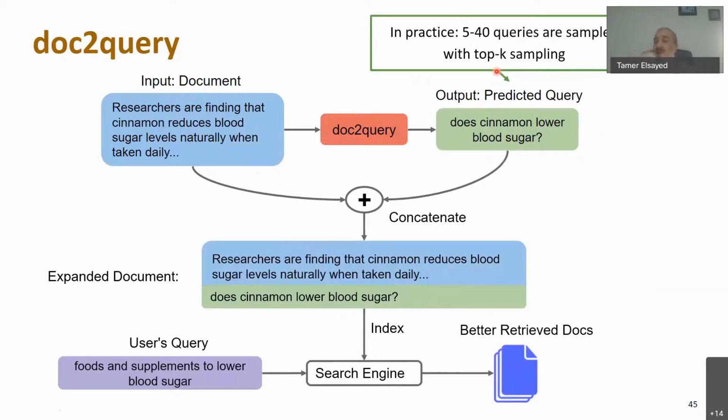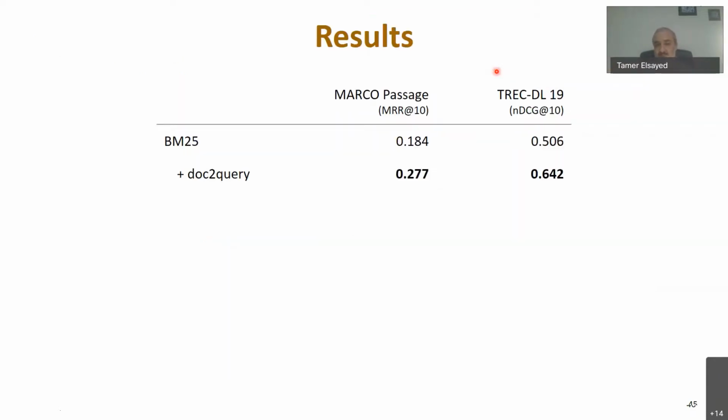But if I want multiple translations, I can sample from the top 5 or 10 words at each time step. If I sample randomly, I will get a new term, and then a different next term, and so on. So I can generate multiple queries by sampling from the top K terms at each time step. And we eventually add them all to the document. Now let me show you quickly the results.